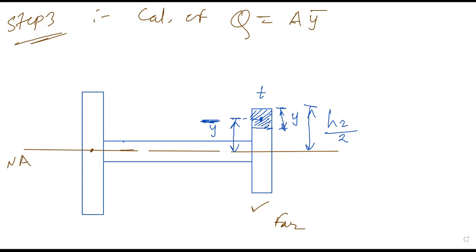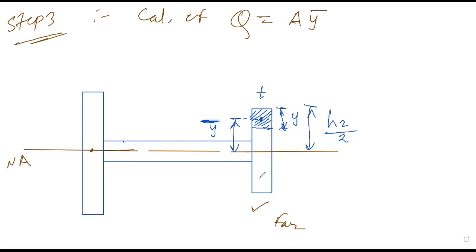So y bar from the neutral axis is s2 by 2, and this small hatched portion has dimension y into t. So we will consider this part.